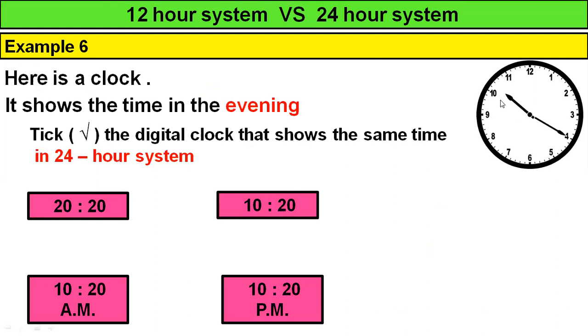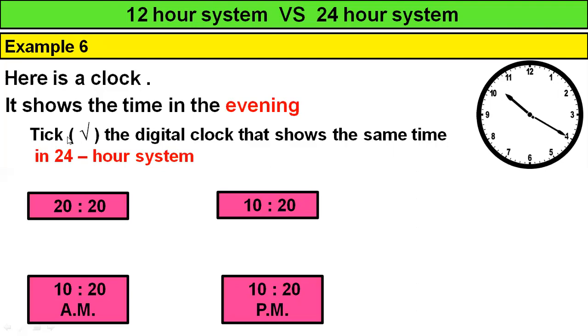Look, the short hand, this is what we start reading the time from. It's 10, and the long hand related to minutes is on 4. So how many minutes is that? 5, 10, 15, 20. So it's 10:20. But look, there is 10:20 a.m. and 10:20 p.m.